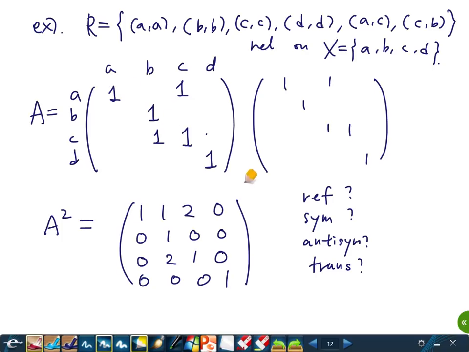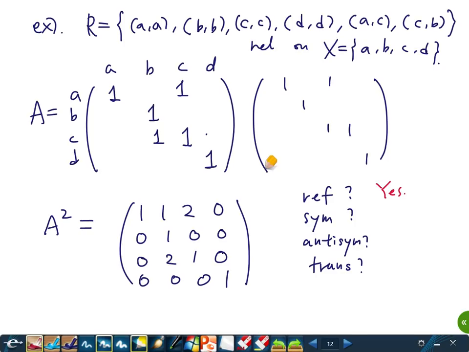So diagonal entry must be all ones, right? They are all ones in the diagonal entry, so it's yes. If there is at least one 0, then it's not going to be reflexive.